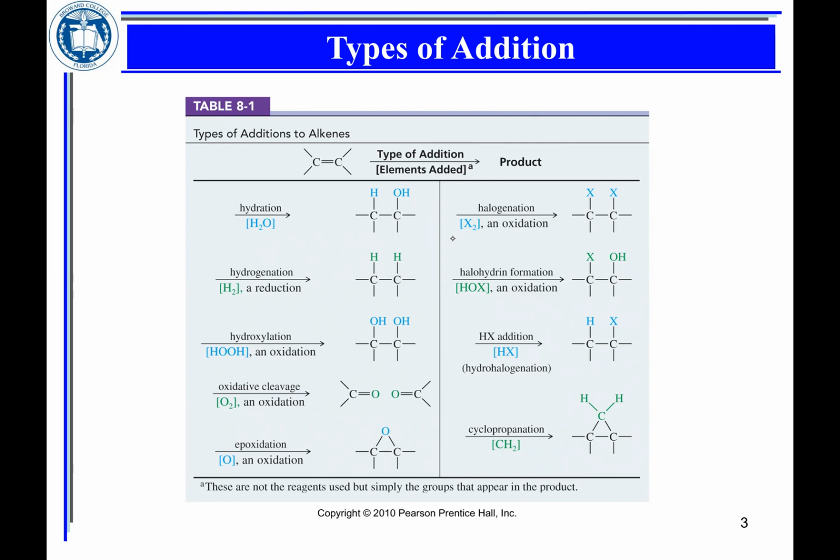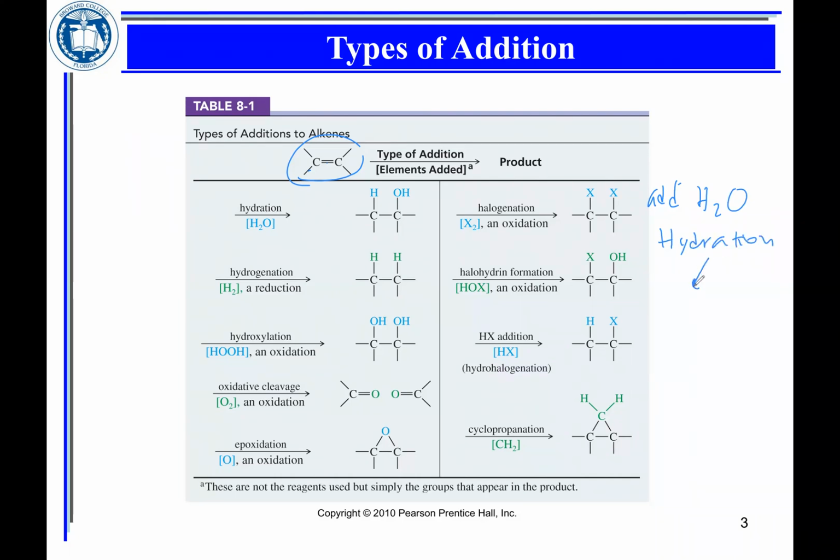These are the different types of addition reactions that we see for alkenes. You start with the alkene and make the alkene go through an addition reaction. One thing you want to remember by heart is going to help you a lot: when you add water, the reaction is called hydration. Add H2O, the reaction is called hydration.